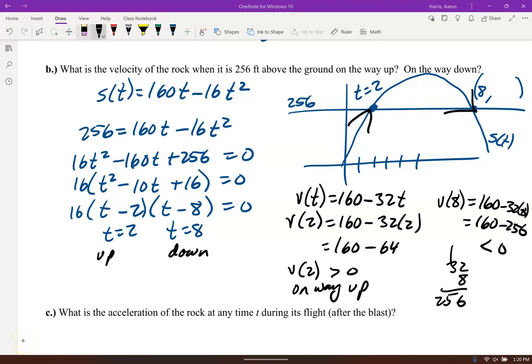Let's go ahead and answer what it is. What is the velocity when it's 256 feet above the ground? 96, and this would be feet per second.